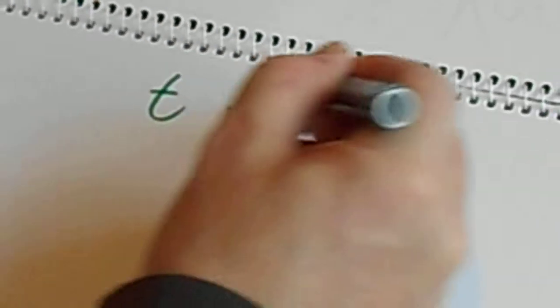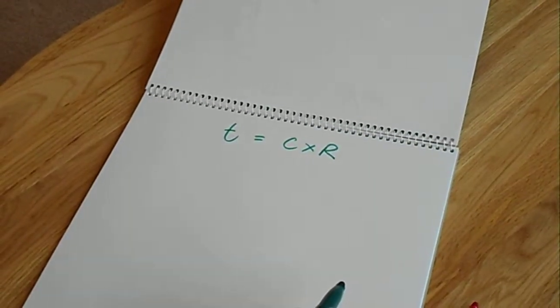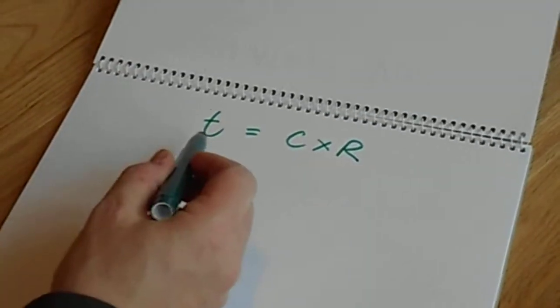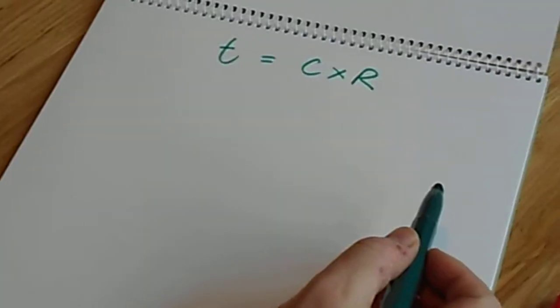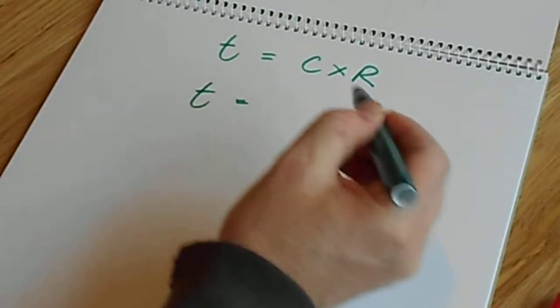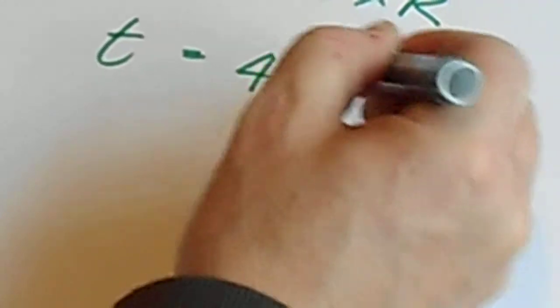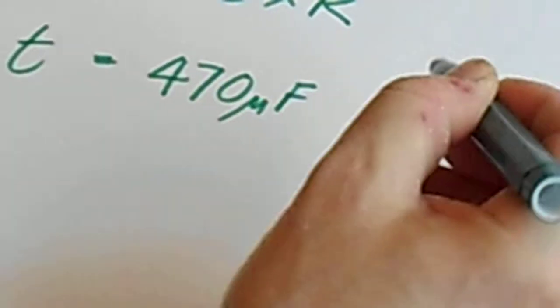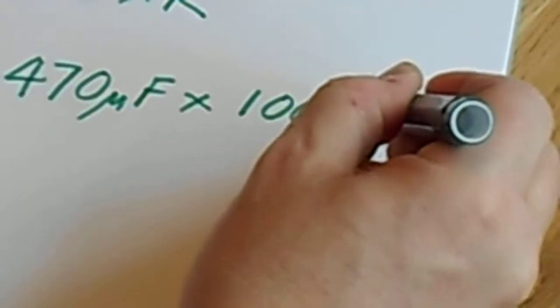So we start with the formula. Again, this is on the formula sheet, so you don't have to remember it, but you should know it by now. The time is in seconds, the capacitance is in farads, the resistance is in ohms. So T is equal to, now taking the values from the other one, 470 microfarads times by 100k ohms.